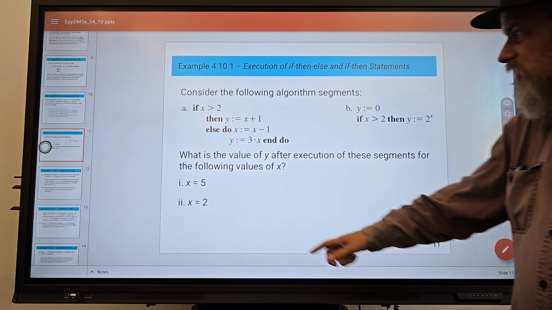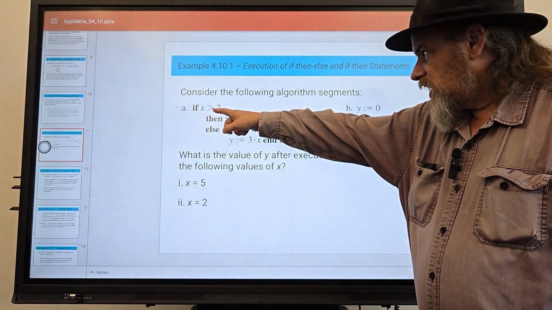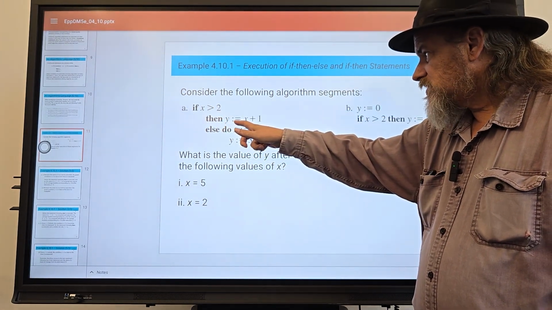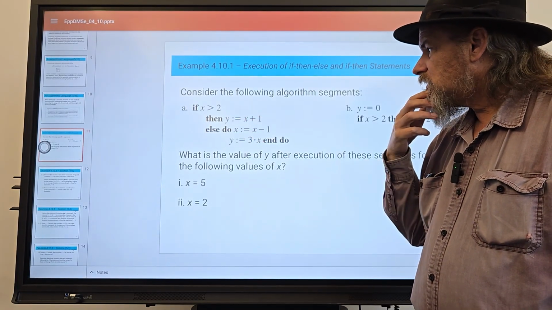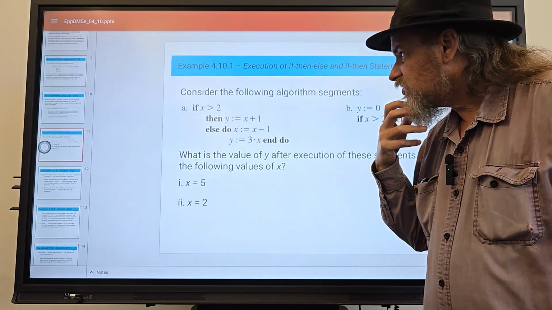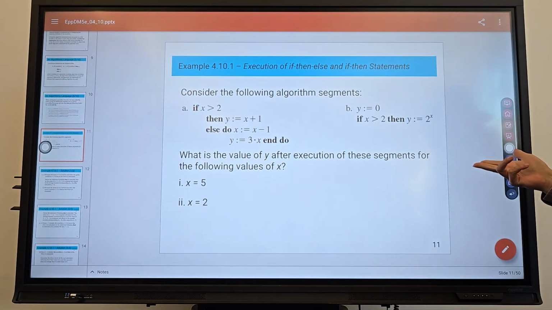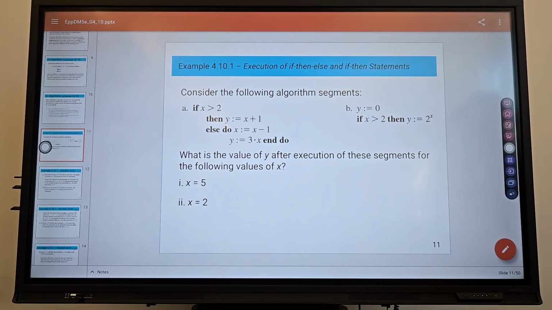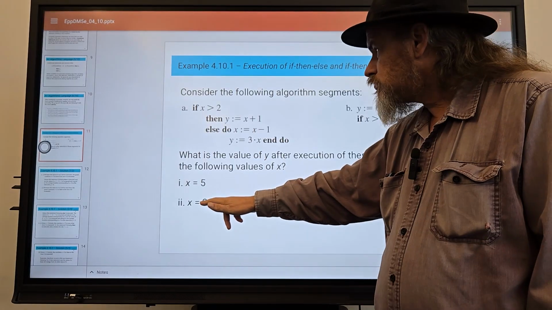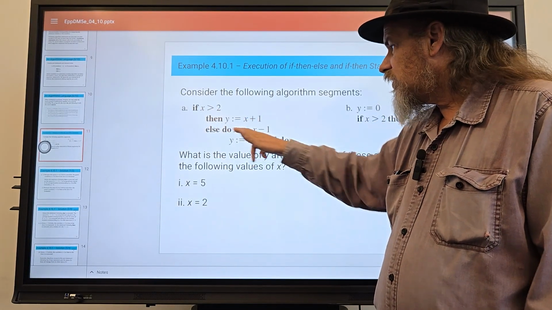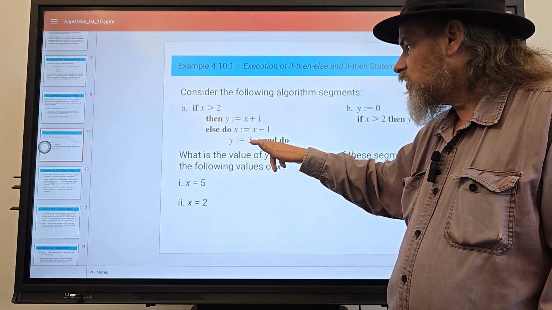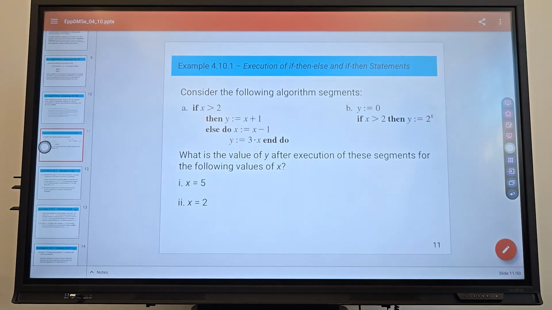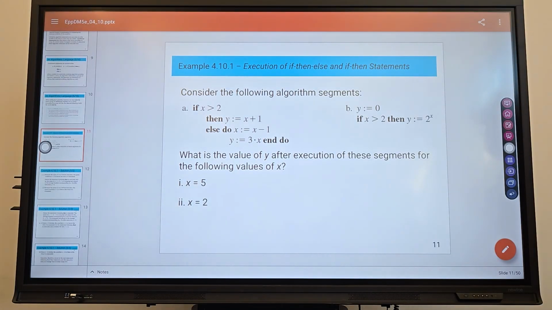If x is 5, x is greater than 2, so y would equal 5 plus 1, or 6, so y would equal 6. If x is 2, it's not greater than 2, so you do the else. x equals x minus 1, which would make it 1. y would equal 3 times 1, or 3. So it would be equal to 3 in the second case.